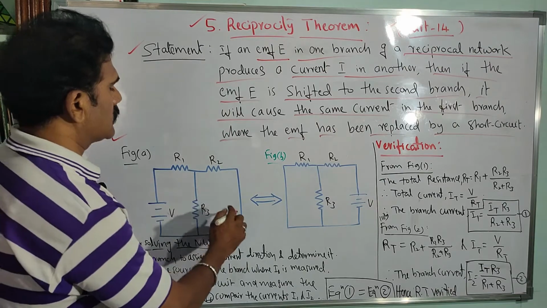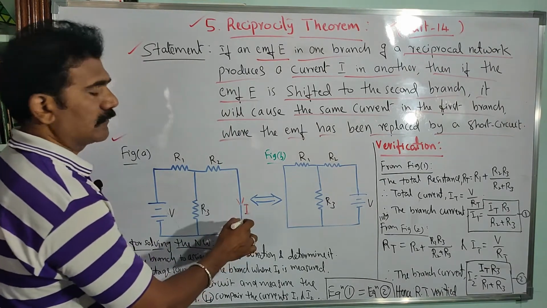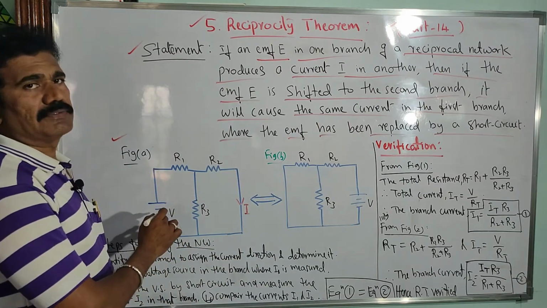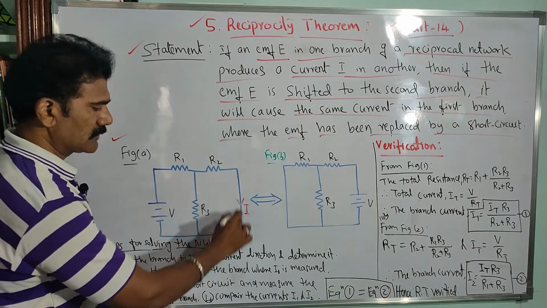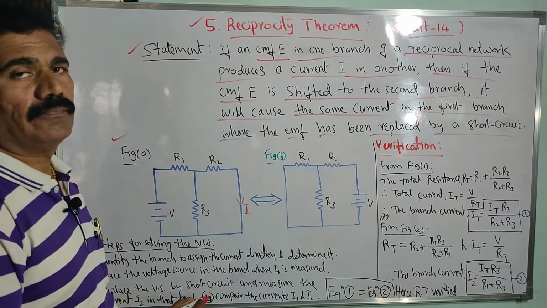Now let us consider the second branch of the circuit where the current is passing, due to the EMF present in the first branch. Positive to negative, we can assign the direction of the current in this branch. The statement is very simple.